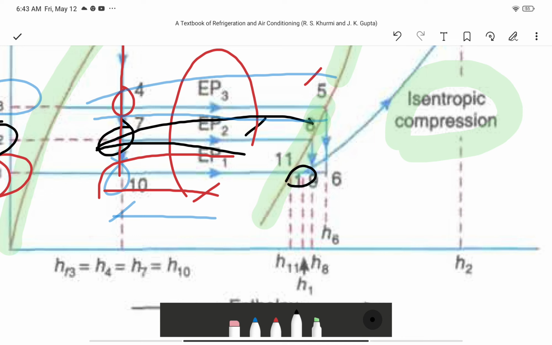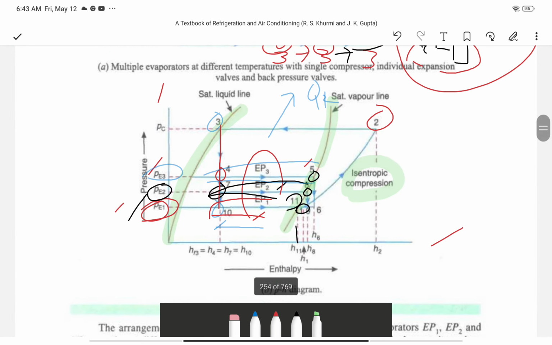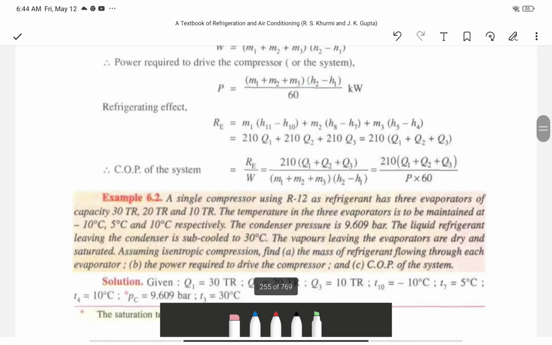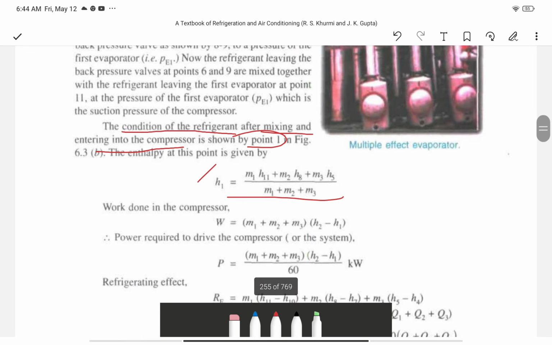What you have here is H11, which is on the saturation line. H8 is on the saturation line. H5 is on the saturation line or vapor, but H1 is not. So thereby you have to calculate it. The way to calculate is to use the mass balance and energy balance. And this is the formula.